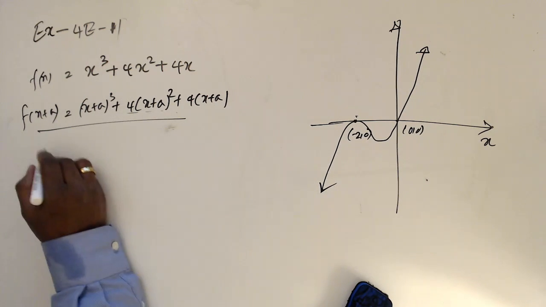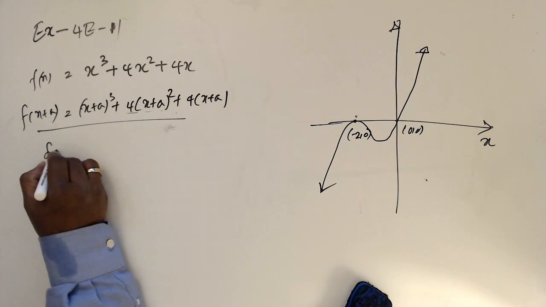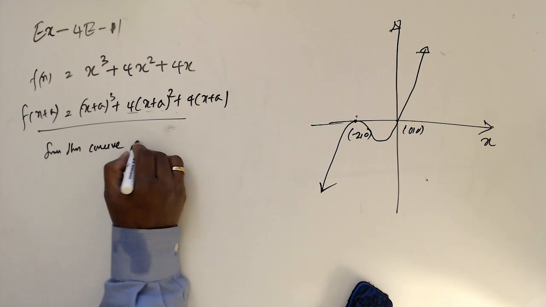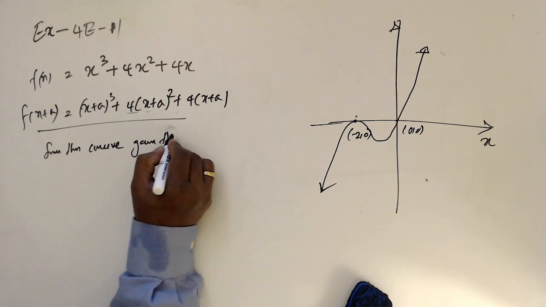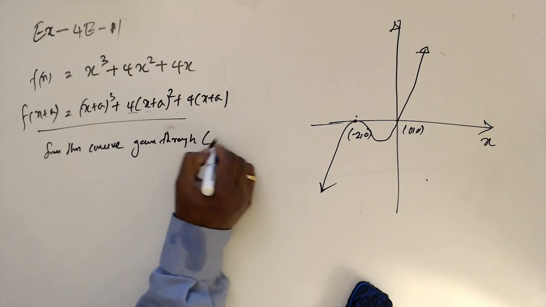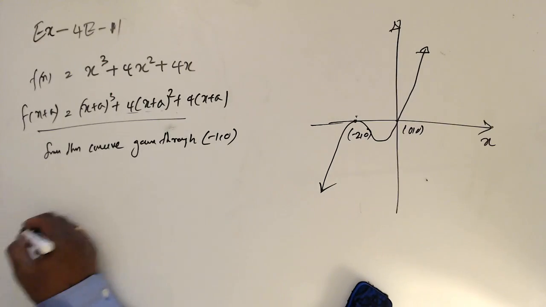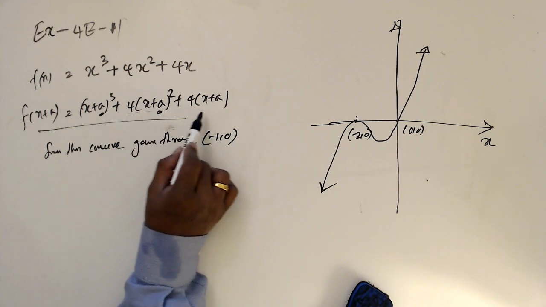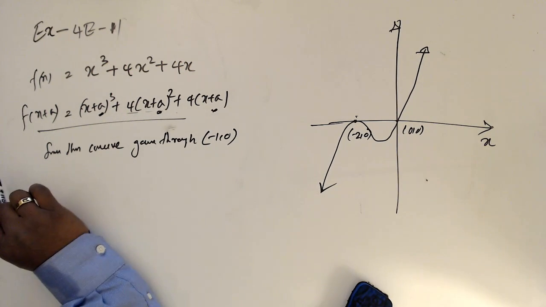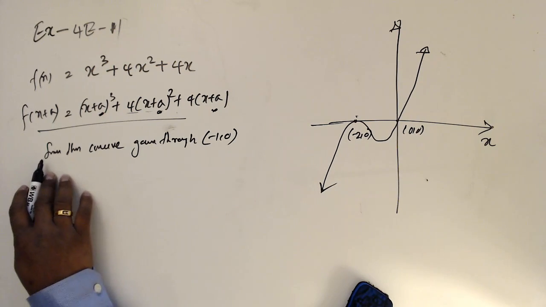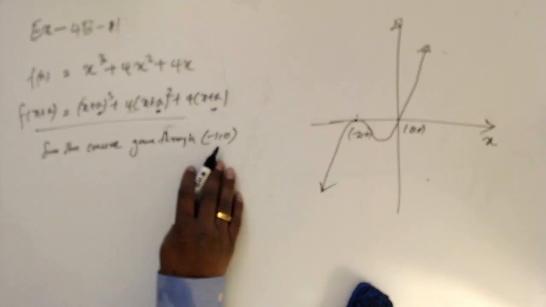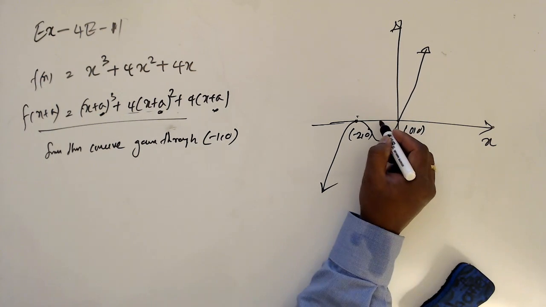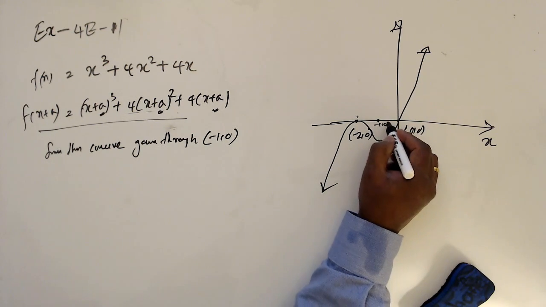Now, since this curve is going through (minus 1, 0), I want to find the a values. The only clue we have is it's going through (minus 1, 0). So this is (minus 1, 0).